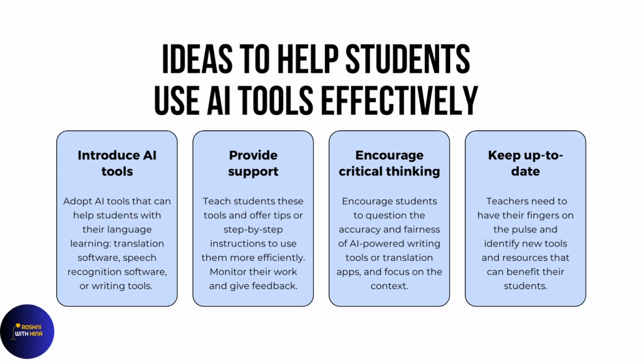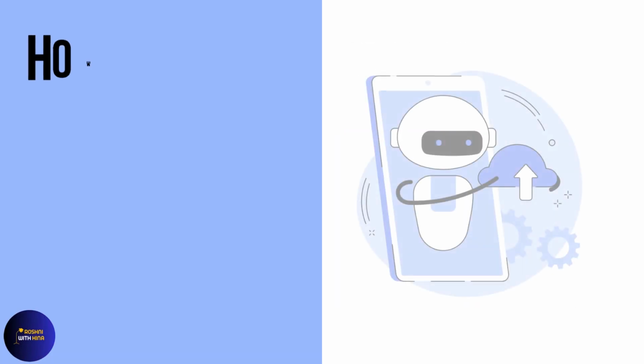Encourage critical thinking. Encourage students to question the accuracy and fairness of AI-powered writing tools or translation apps and focus on the context. Keep up to date. Teachers need to have their fingers on the pulse and identify new tools and resources that can benefit their students.